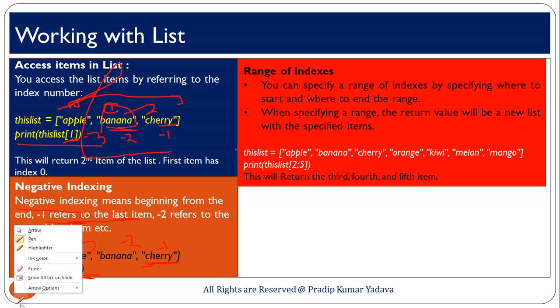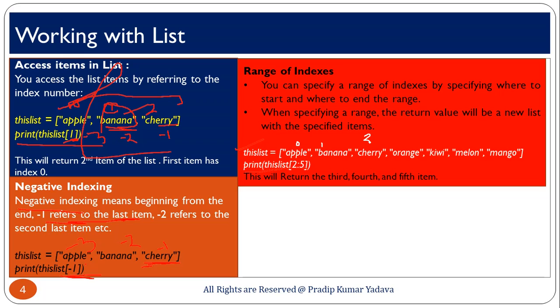What is the meaning of 2? Here we are talking about index 2, which will be 0, 1, 2, and up to 5, which is 3, 4, 5. It will return a new list containing cherry, orange, kiwi and melon.